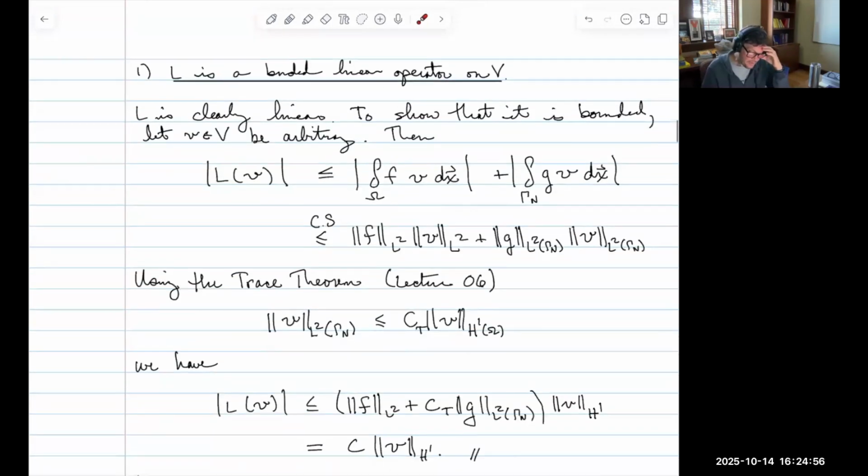So if we use the trace theorem, then we can say that the L2 norm over gamma n of V is less than some constant, Ct, times the full Sobolev norm H1 over the interior of the set omega. Okay, so this is a norm on that big set.